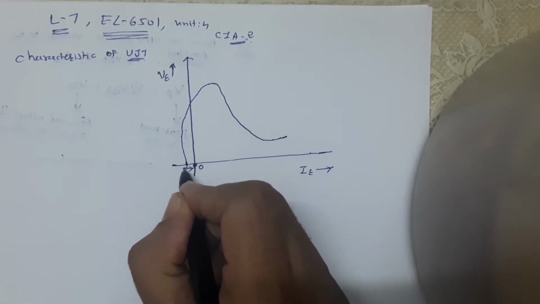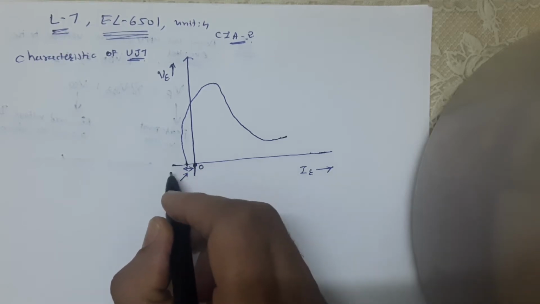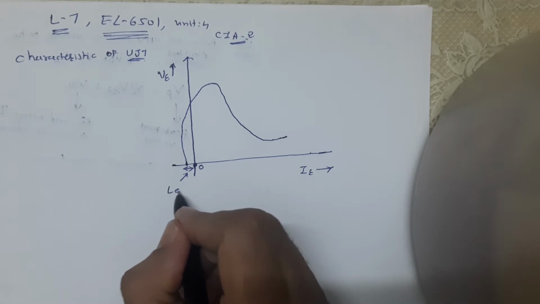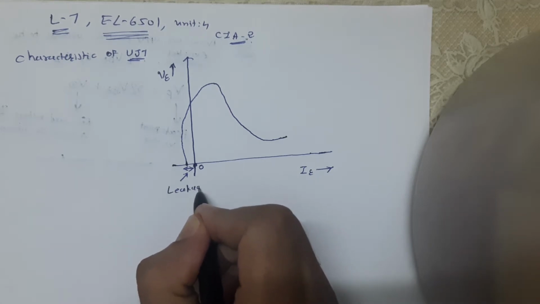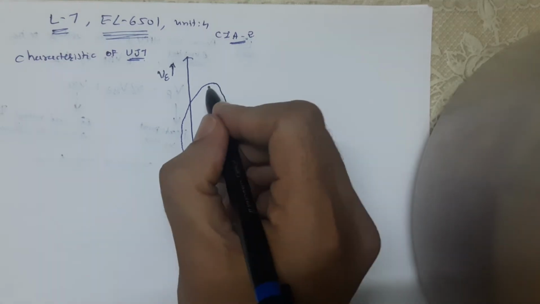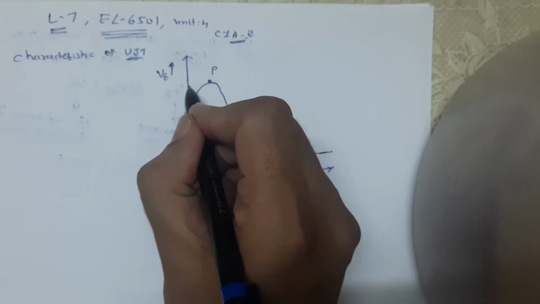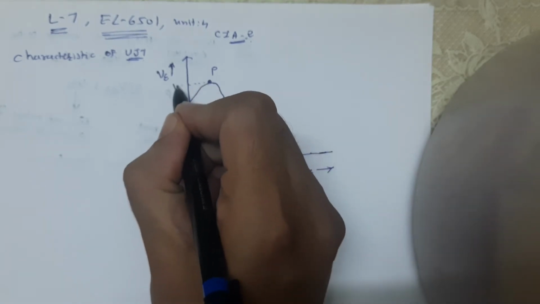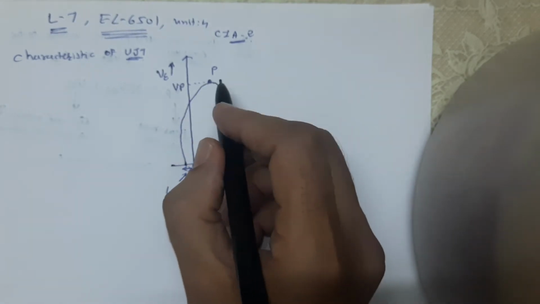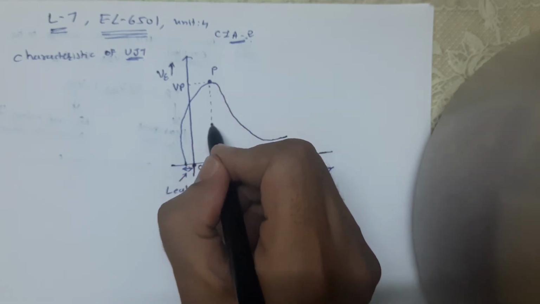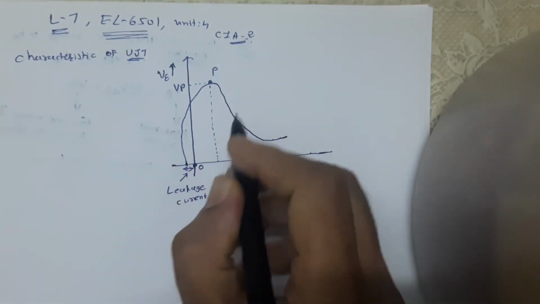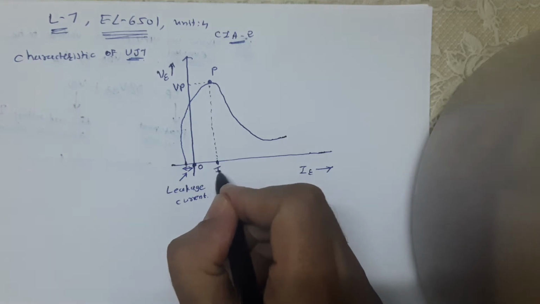This is known as leakage current. The maximum point, the peak value, is your Vp. This is your Vp, and the corresponding value on I is your Ip.